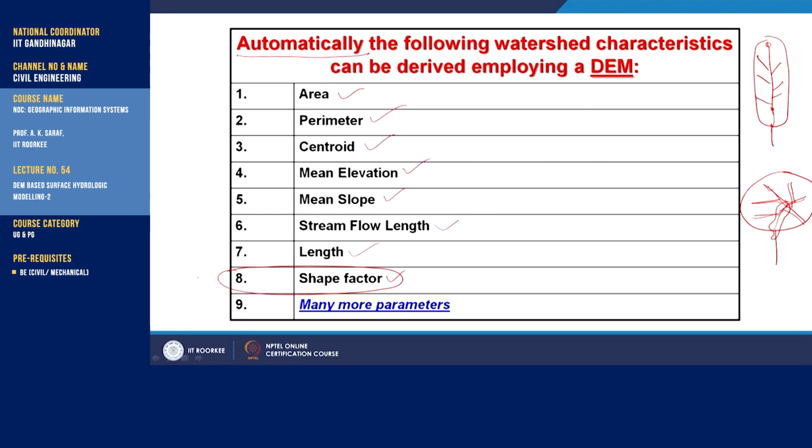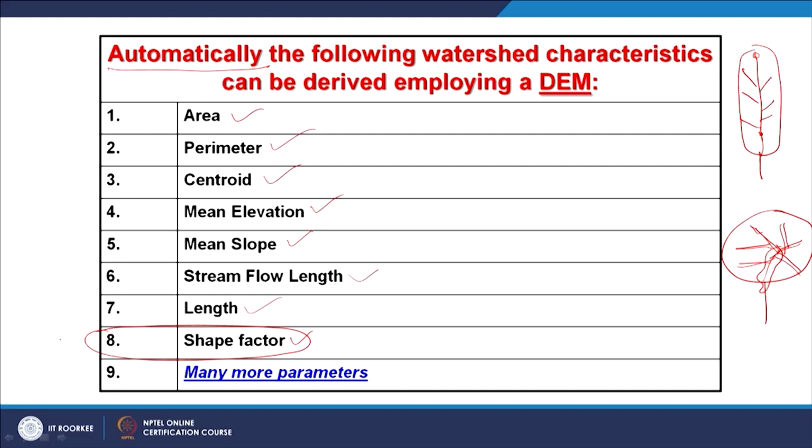And of course, other related things like sediments will also come. So, it is very easy using surface hydrology modeling to derive all the other parameters which are required for various studies of a watershed. This is again not an exhaustive list; many more parameters can also be derived.